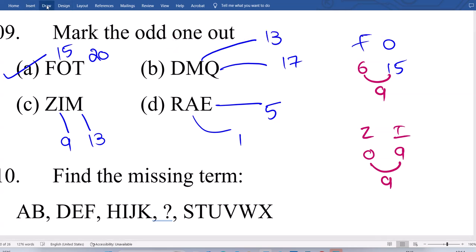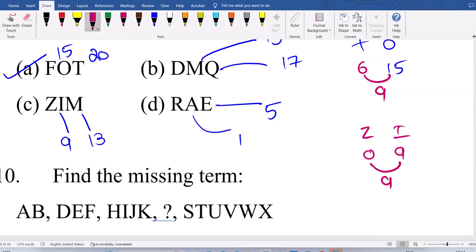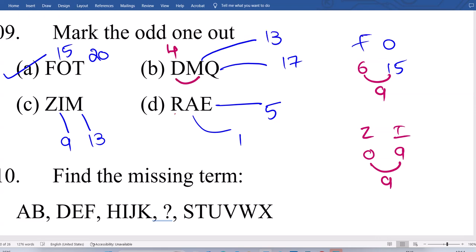Again 9 gap. There is no problem with the first two letters. R is 18. A can be taken as 27. 9 gap. First two letters maintain 9, 9. Last two should be plus 4. But here OT is maintaining plus 5. There is a mistake with OT. Option A is the odd one out. Different one among the options.